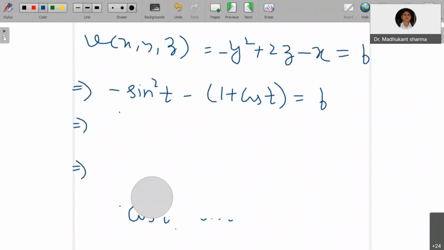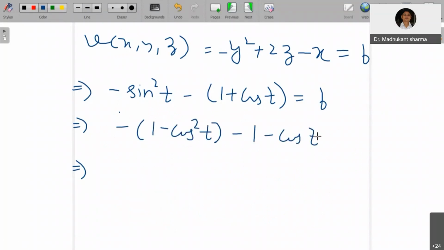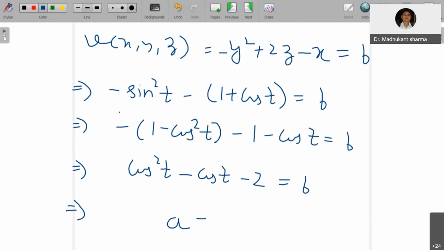What you get is a equals 1 minus cos square t minus 1 minus cos t equals b. Now this is going to be cos square t minus cos t minus 2 equals b, which means the relation is a equals b.